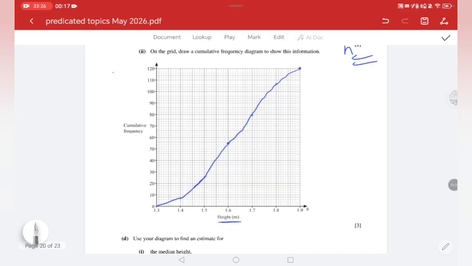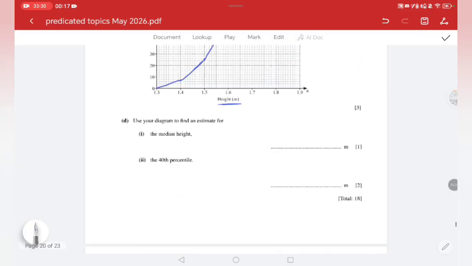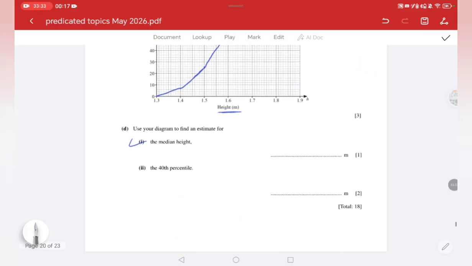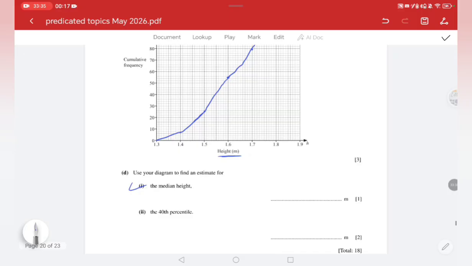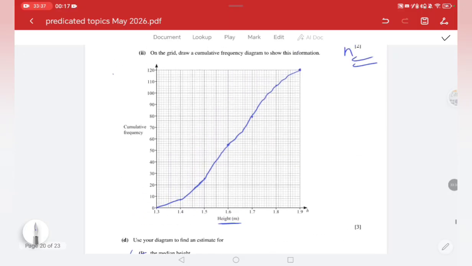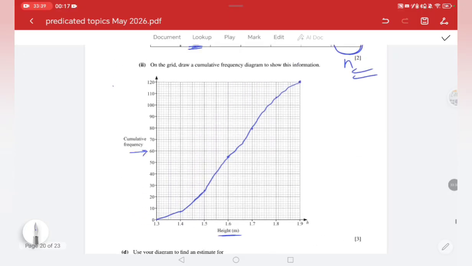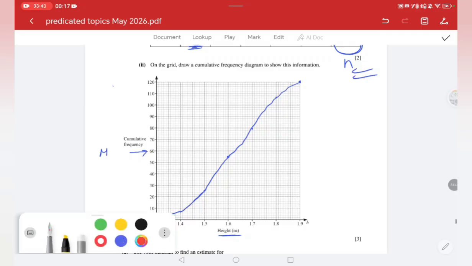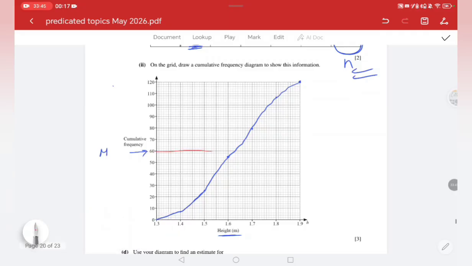It should be even much better than this. Then we need to find the median. First, the position of the median: since we have 120, you have to go to 60. So this one is the median. Try to show the work in the graph, please. In the graph, you make a horizontal line, intersect, then go down.